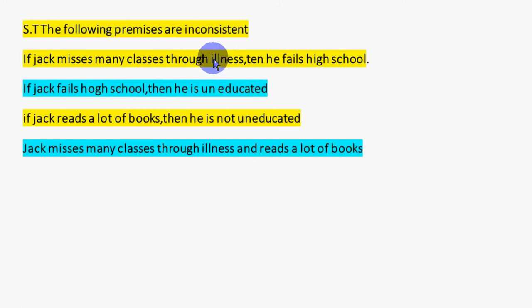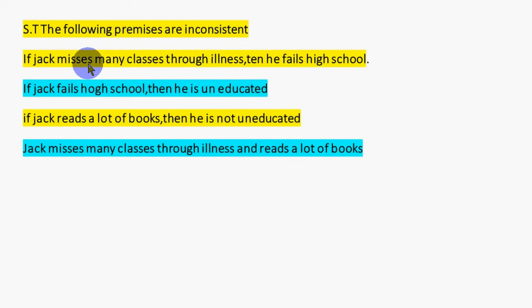He has given the first premise, second, third, and fourth premises. If you look at this problem and the previous problems, here there is no conclusion at all. In the previous problems, in the indirect method, we had the conclusion. Here only premises are given. We have to check whether these premises are consistent or inconsistent.